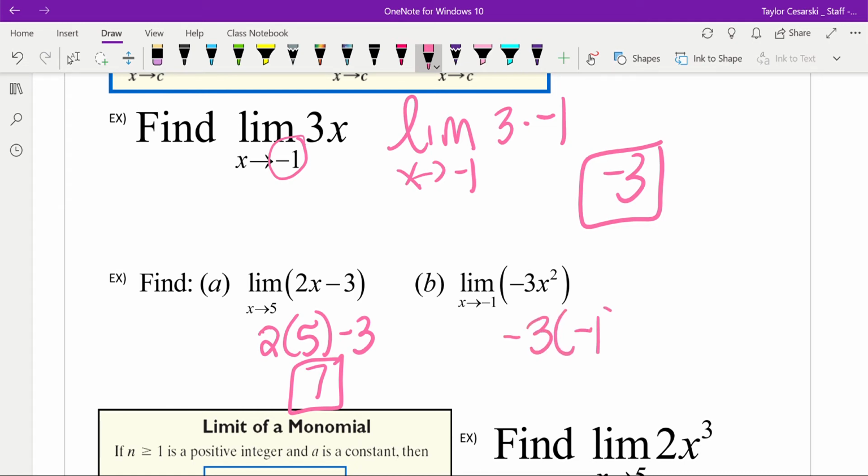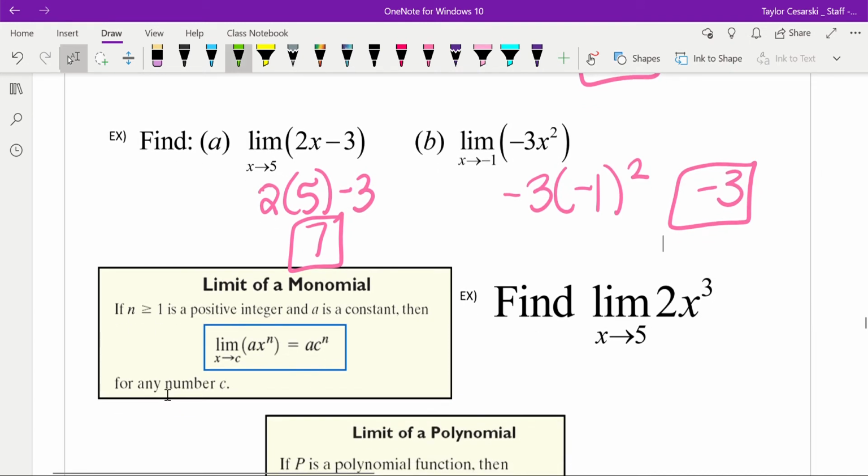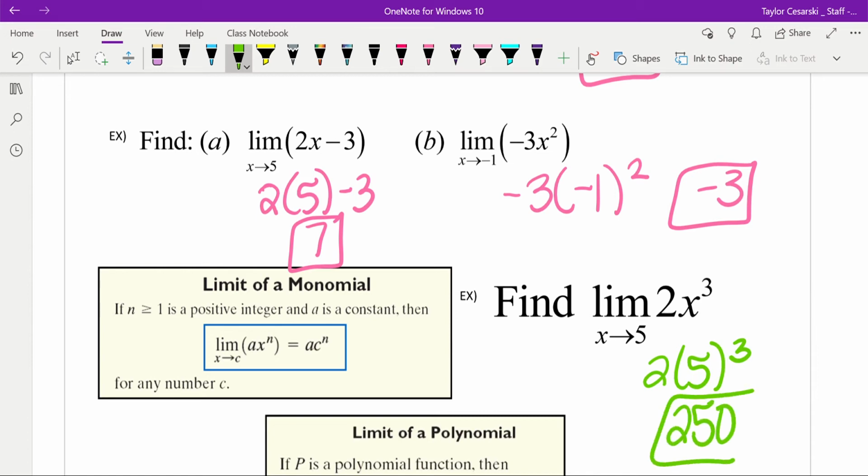Then -3 times -1 squared. Watch our algebra here. -1 squared is +1 times -3 is -3. Alright, last one down here is 2 times 5 to the third. 5 to the third is 125 times 2 is 250.